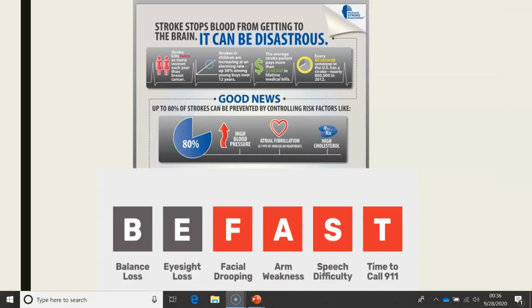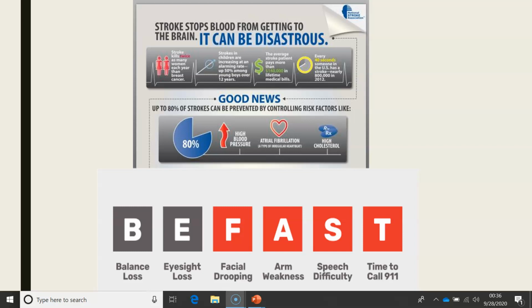This is very similar. It's from the National Stroke Association. Again, this is seen a lot of times in doctors' offices. I saw it in subways in New York, but it's from the National Stroke Association. Again, this is for public education.